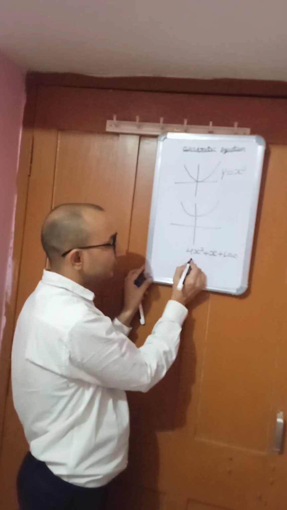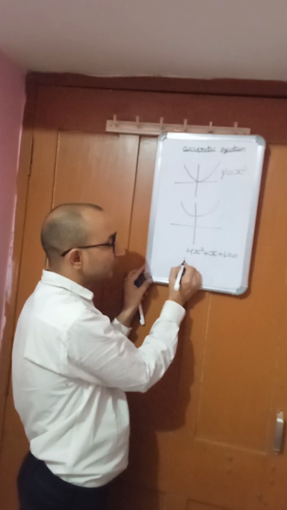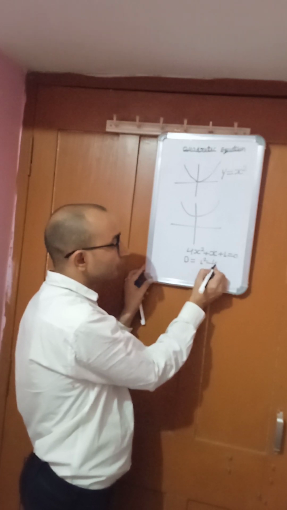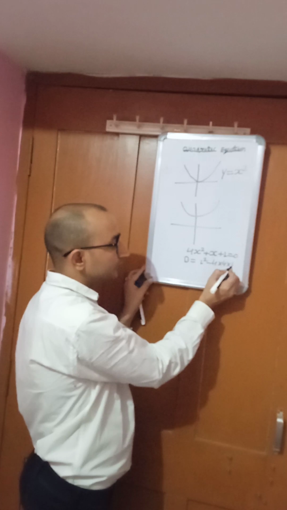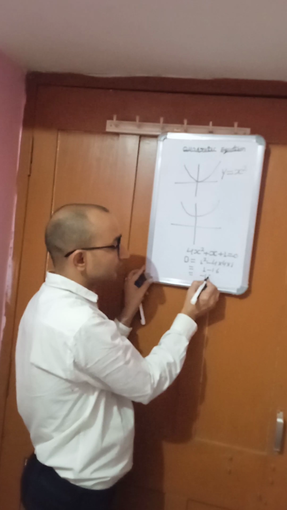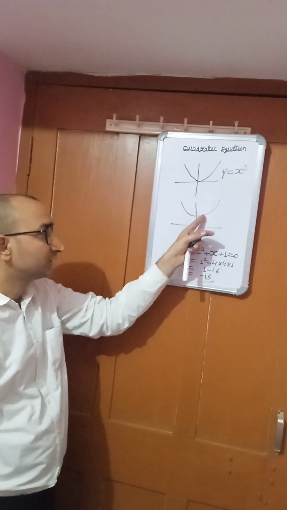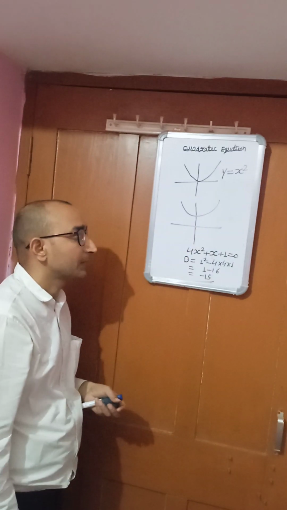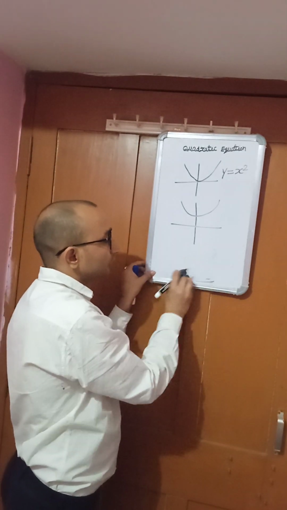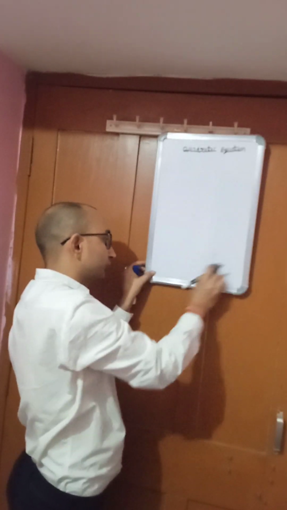Then see here, if we find the value of d here, then b square minus 4ac, so this becomes 1 minus 16, means minus 15. So such types of parabola is drawn. No solution is there because it doesn't cut the x-axis anywhere. It is imaginary solutions. So I have explained the graph here also.